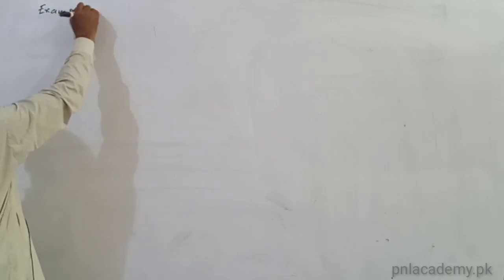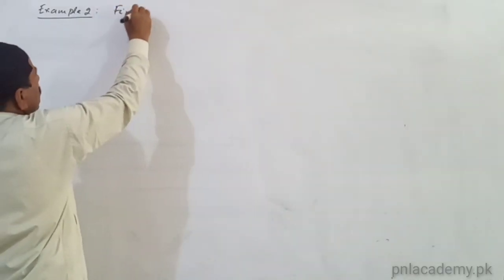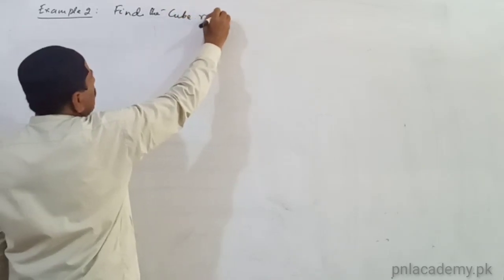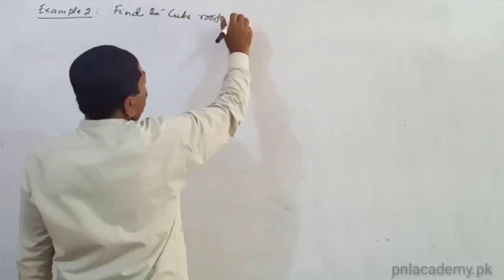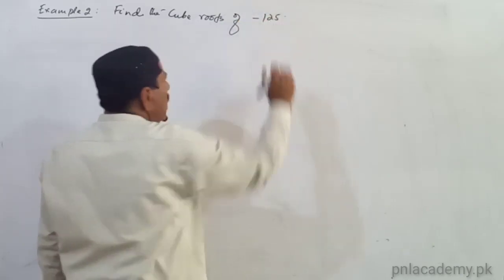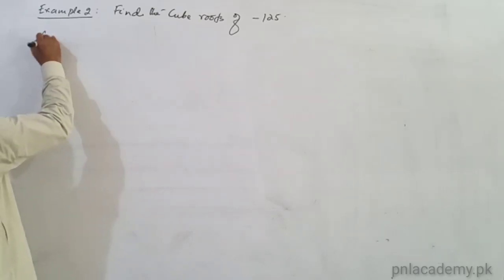Example number 2 is: find the cube roots of minus 125. Solution.